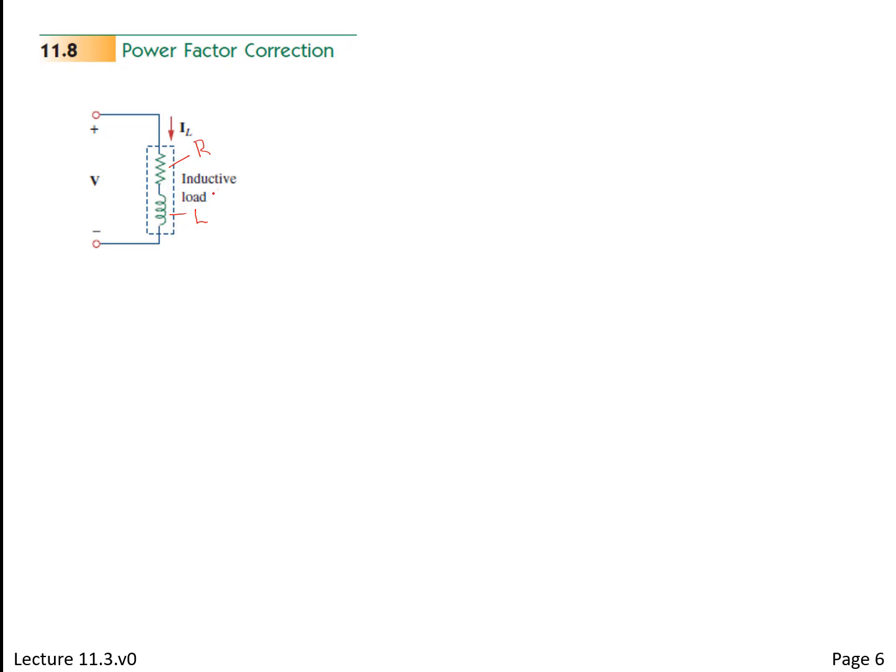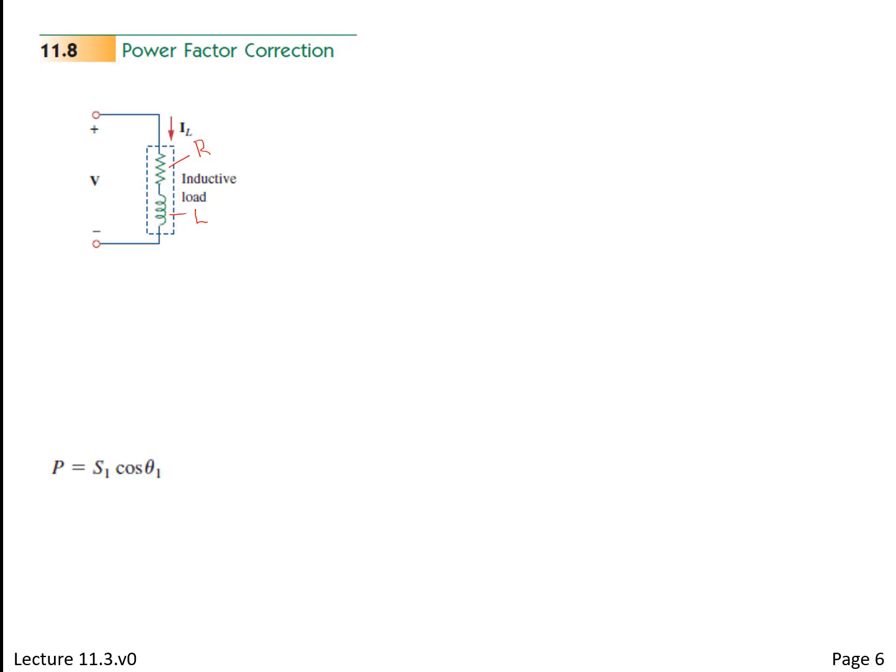So if that's the case, you know from what we just got done talking about with real and reactive loads, you don't want a lot of reactance in the load because you tend to waste power. That makes the phase angle big. Okay? So what we want to look at is what can we do about that? Here's power in this case.